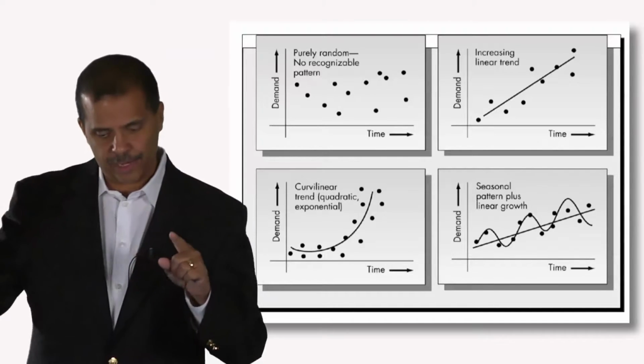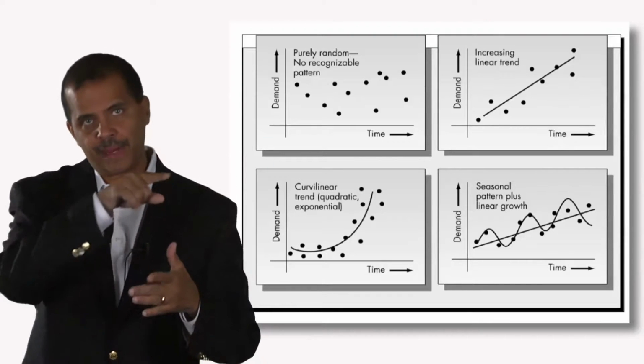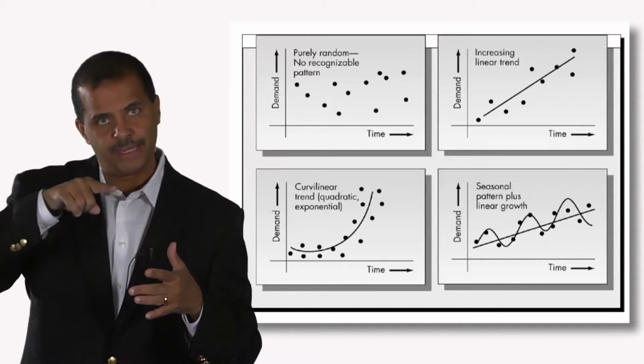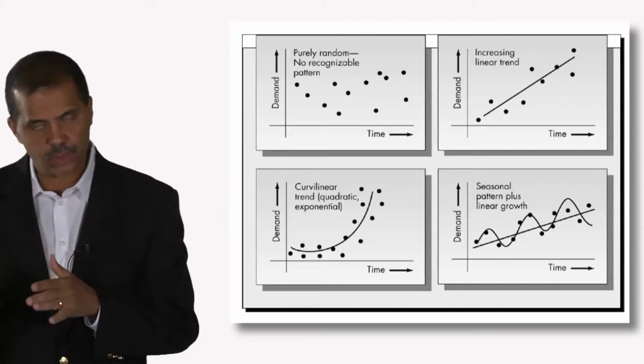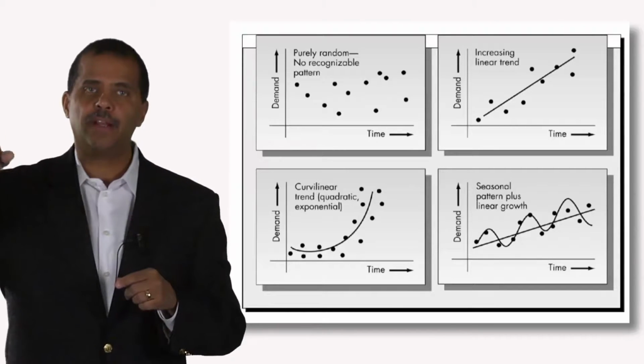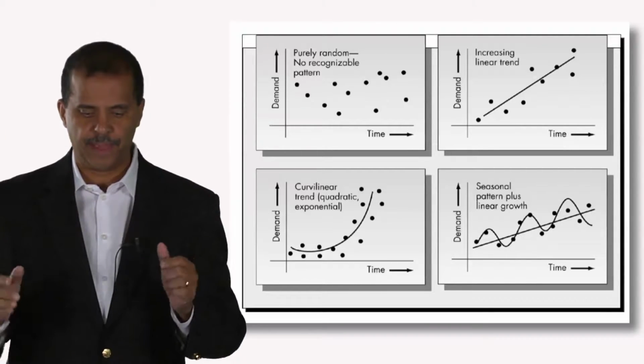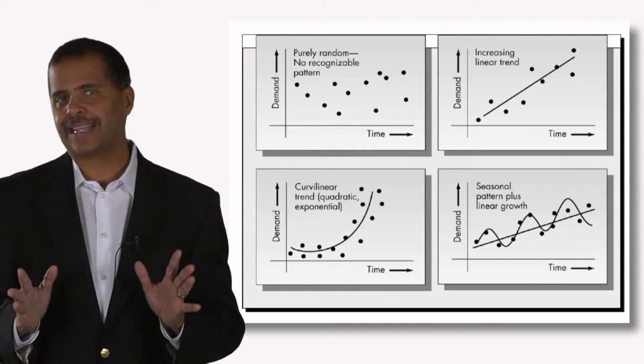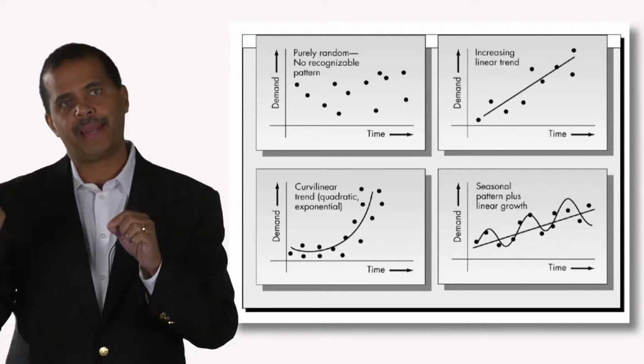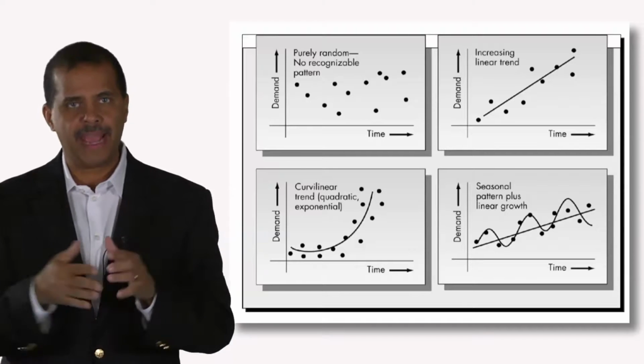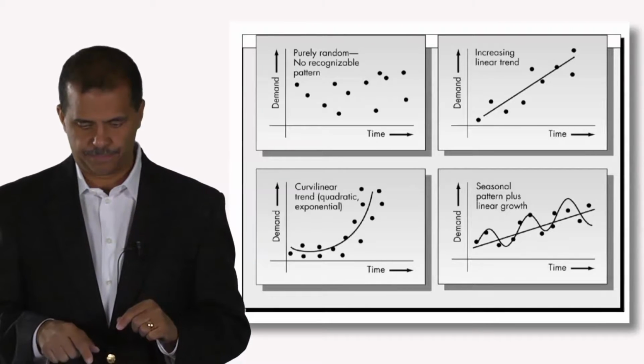At the bottom you'll see the curvilinear trend. The last one is seasonal, because you have those peaks and troughs. This is an example of how data reveals itself when you plot it over time.